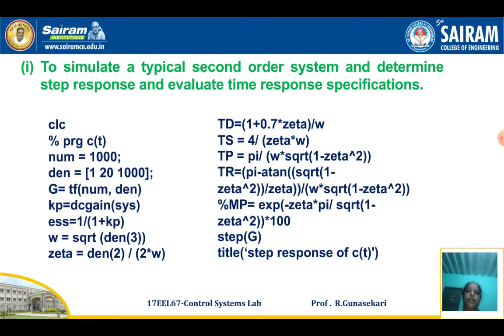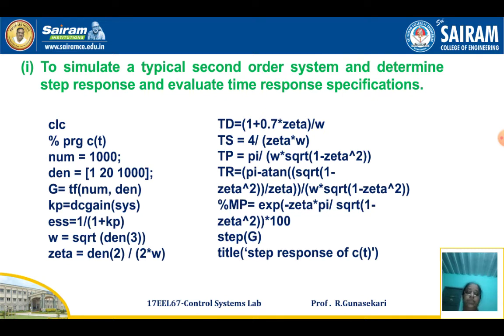Then the peak time is pi divided by omega n times the square root of 1 minus zeta squared. Then Tr, the rise time, uses the inverse tan formula. It is all just formulas. Then the maximum overshoot is e to the power of minus pi zeta divided by the square root of 1 minus zeta squared, multiplied by 100.